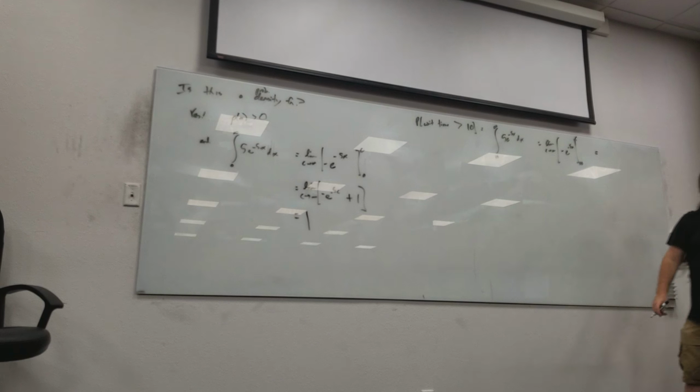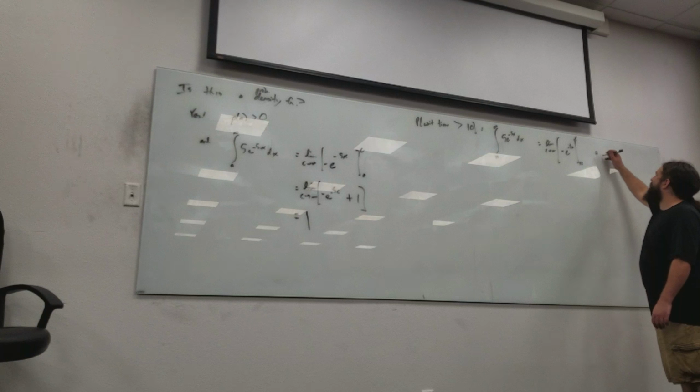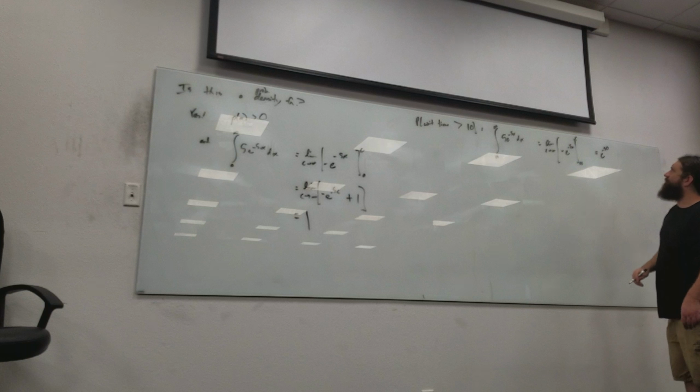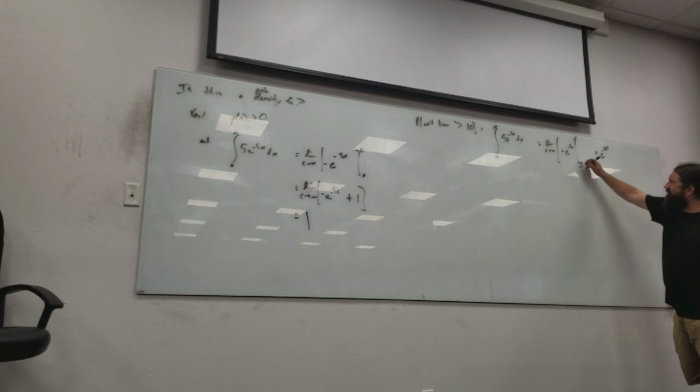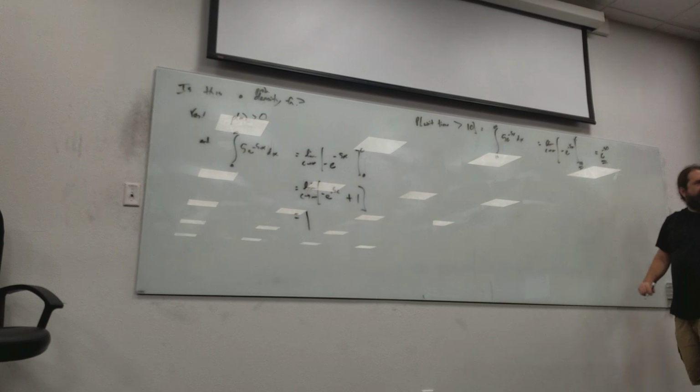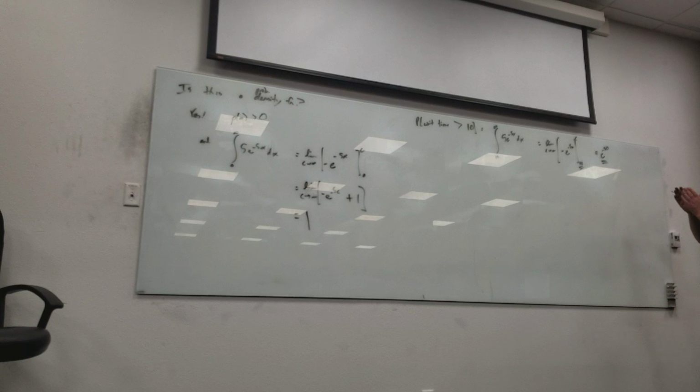So the only difference is the bottom limit, right? Top limit's still got to go to 0, and you just end up getting e to the negative 50. So as this number gets bigger, this number is going to get smaller. So again, your probability of waiting gets less and less the longer the time is.